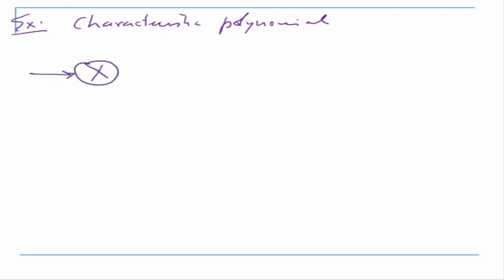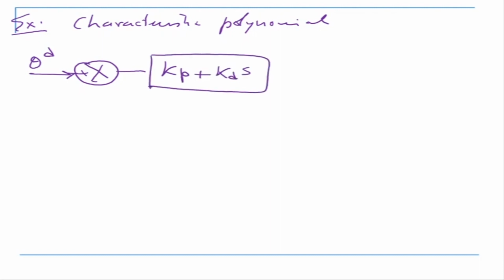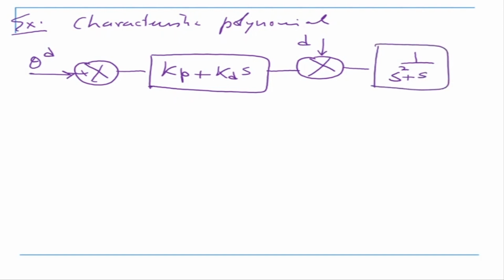Let me just draw it so it becomes clearer. This is my theta d, which is desired, plus minus, Kp plus Kd into s. This is a PD controller or compensator. There is a disturbance d which is coming from here, and this is my 1 by s squared plus s, and this is theta m.